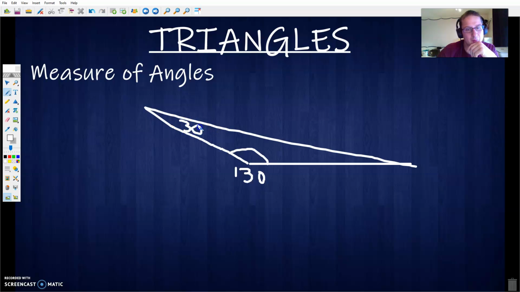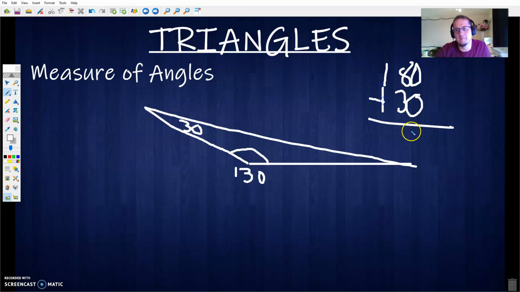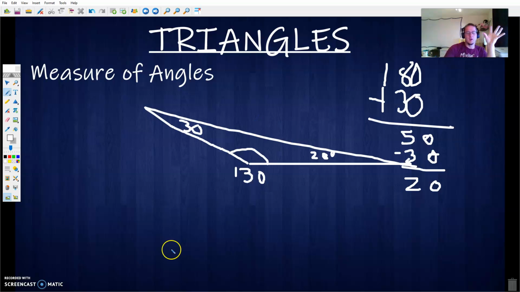If we take that 130 and subtract it from 180, that leaves me 50. And if I subtract the 30 from the 50, that leaves me 20. So this last angle over here would be 20 degrees. Just keep that in mind. Every triangle will equal 180 degrees, no matter the measurement. Otherwise, it is not physically possible for it to be a triangle.